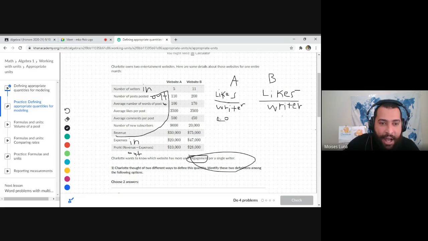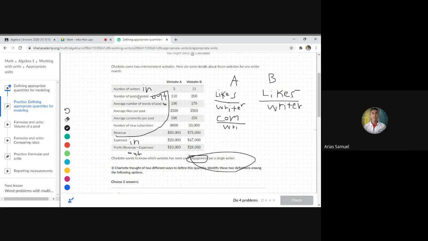Now, likes comes in two different sections: number of posts posted and average number of likes per post. You need to eliminate posts by multiplying the number of posts times the number of likes.